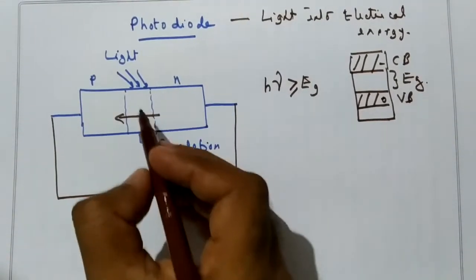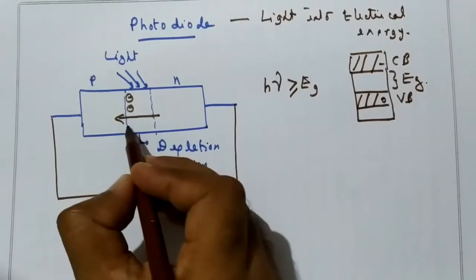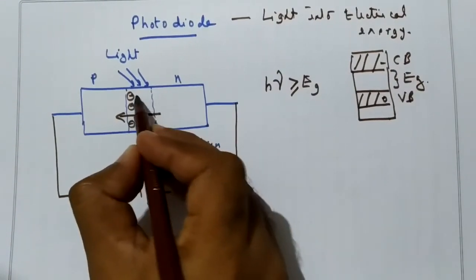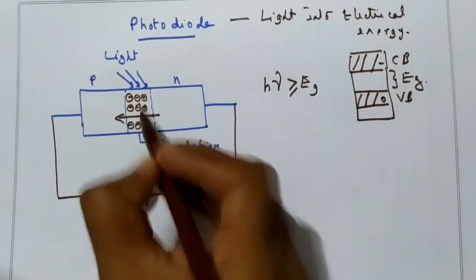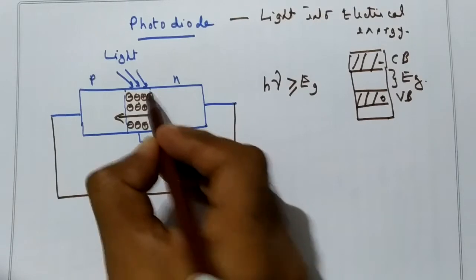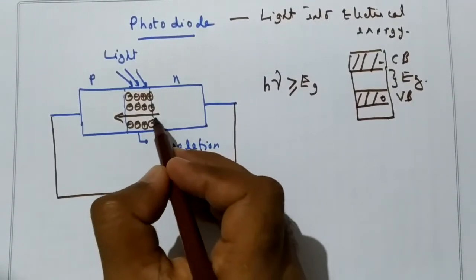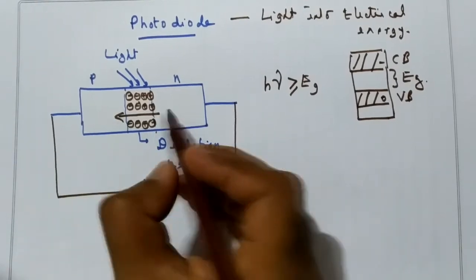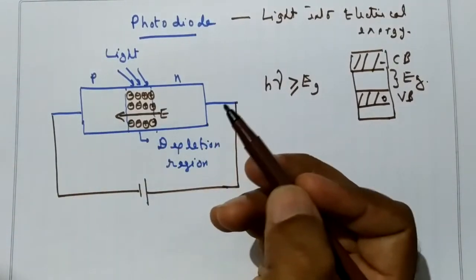What is the direction of the electric field? Because here negative ions are left near the junction, and on this side positive ions are left behind. Now the electric field will be from higher positive to the negative. Therefore this is the positive, this is the negative, and this is the direction of the electric field.